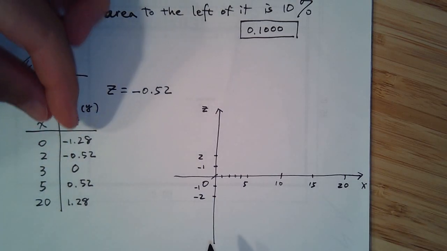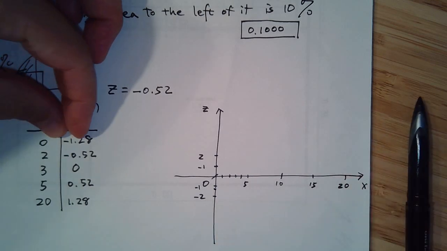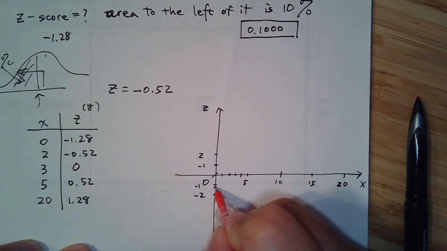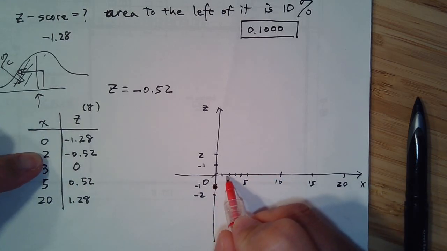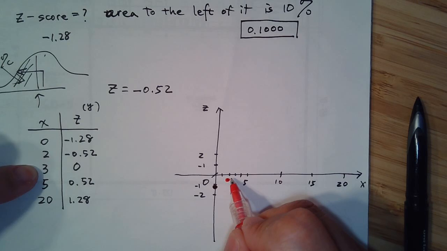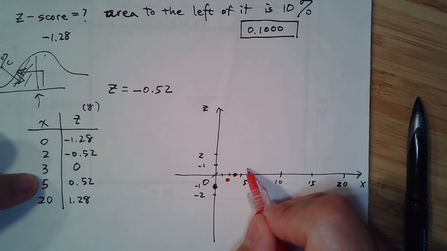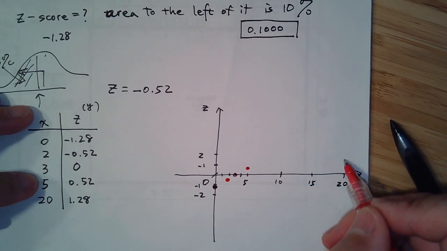We're going to plot 0 with negative 1.28, so that's this point. I want to use a different color. When x equals 2, which is here, I have negative 0.52, so it's about here. When x equals 3, I get 0. When x equals 5, I get positive 0.52, and when it's 20, I get 1.28, slightly more than that.